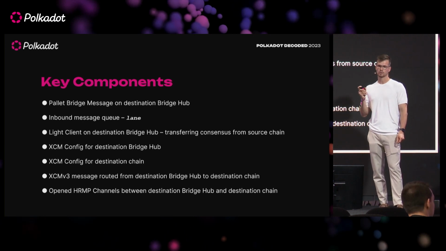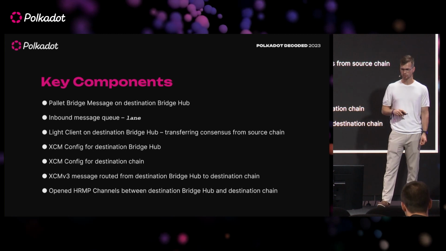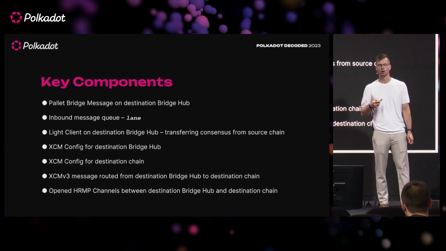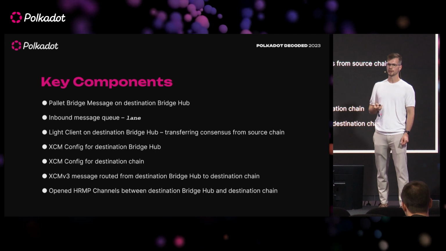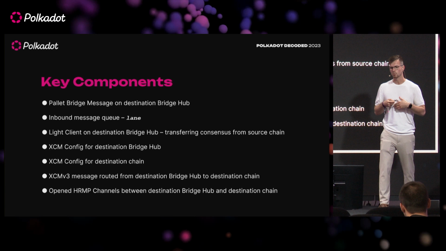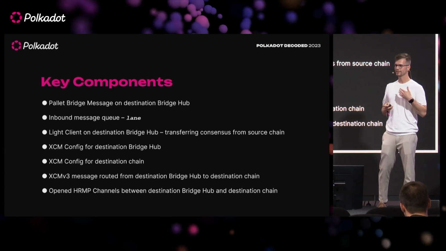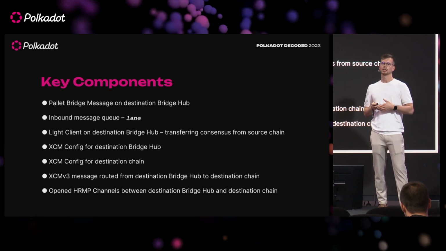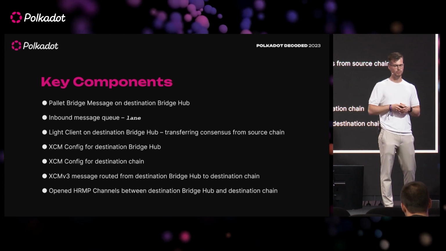So in that case, with the Kusama to Polkadot bridge, on the destination BridgeHub of Polkadot, we need to verify if the instruction set was finalized within the Kusama BridgeHub, and also we need to check if the Kusama BridgeHub is finalized within the Kusama relay chain.